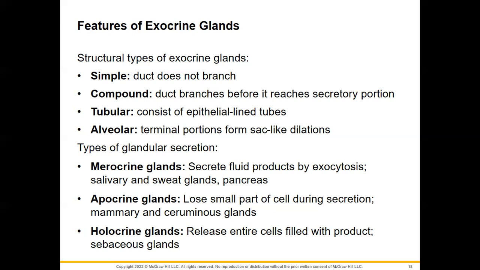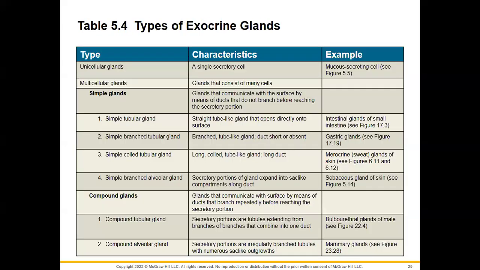So this is the type of secretion that your salivary gland and your sweat glands produce. Your pancreas also secretes its exocrine gland product in this way. So exocytosis. All right, so this is basically where, let's see, is there a picture?